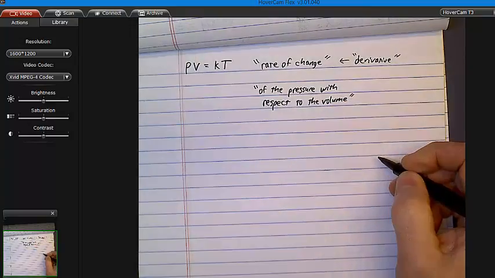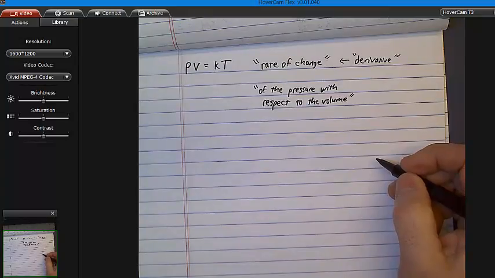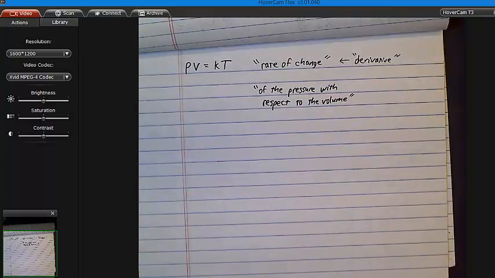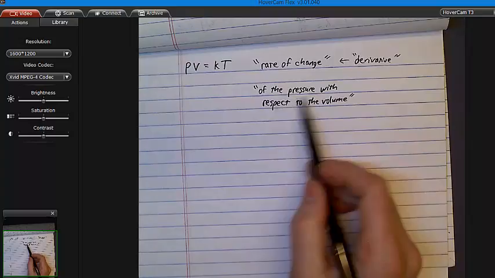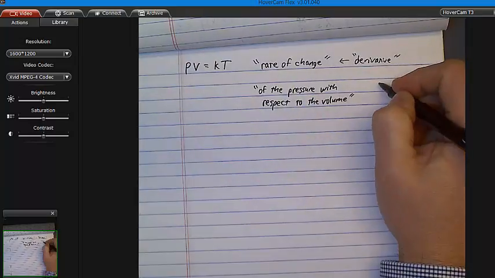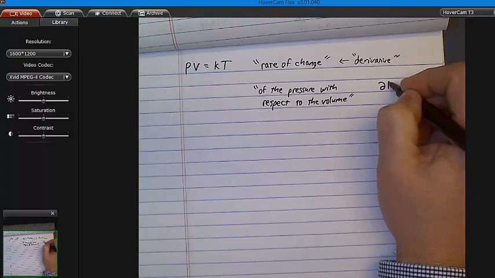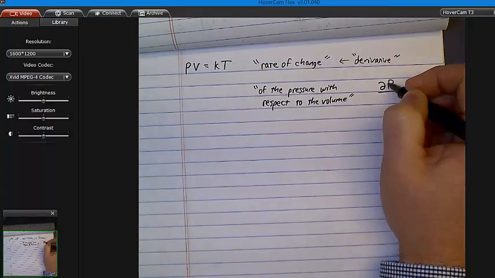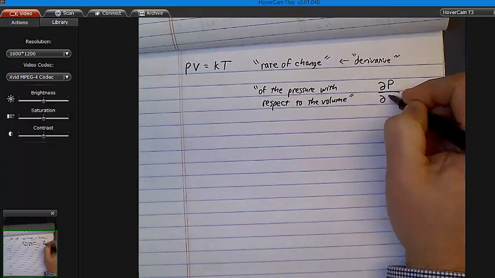Well, that makes me think about Leibniz notation. I like Leibniz notation sometimes, and sometimes I much prefer Newton notation. But especially when it tells me what I mean by a rate of change, I start thinking what they're asking is the rate of change of pressure with respect to volume.